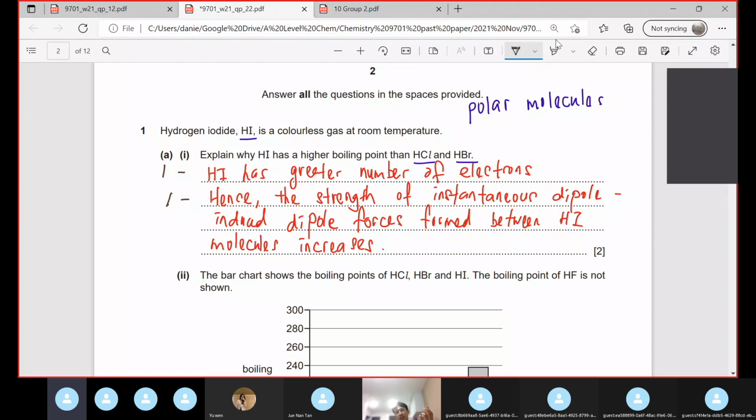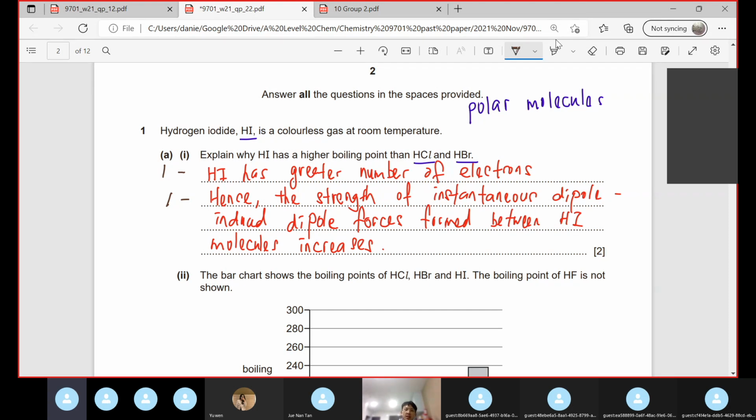If you want to write intermolecular forces, I don't recommend it, as intermolecular forces include the permanent dipole. So if possible, write the specific name of the attractive forces, which is the instantaneous dipole-induced dipole forces. And you better write the forces formed between what.